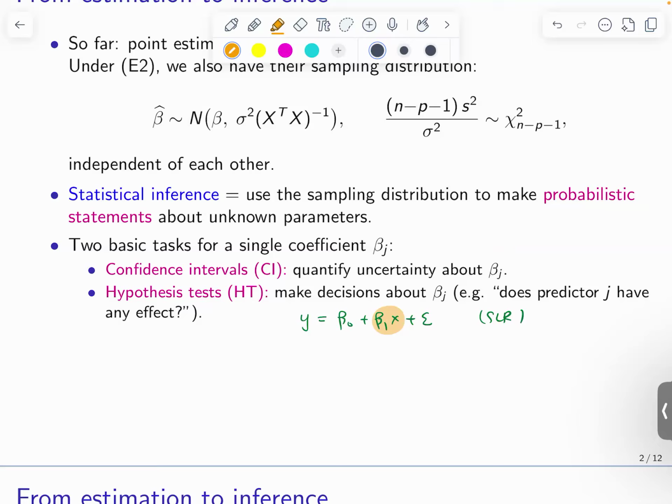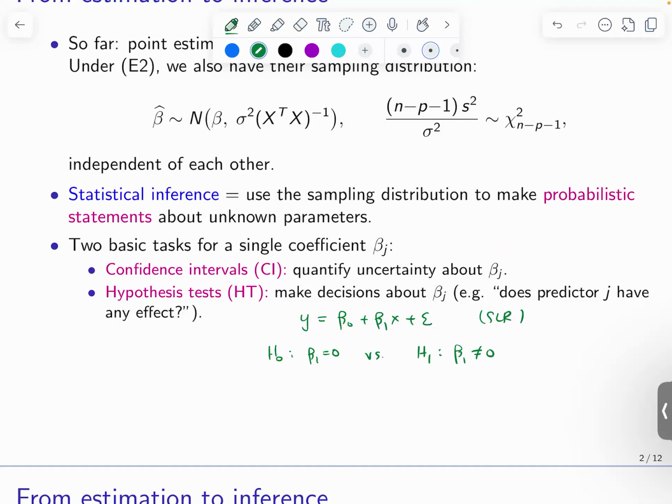If it's 0, then it drops out of the model, and x does not have any influence on y. If, however, beta 1 is non-zero, then x exerts some sort of influence or effect on y. And so testing whether beta 1 is 0 versus beta 1 non-zero would be an example of the test to do.